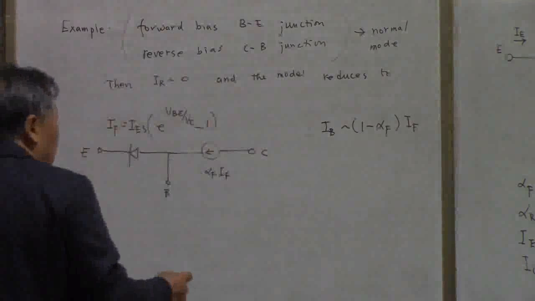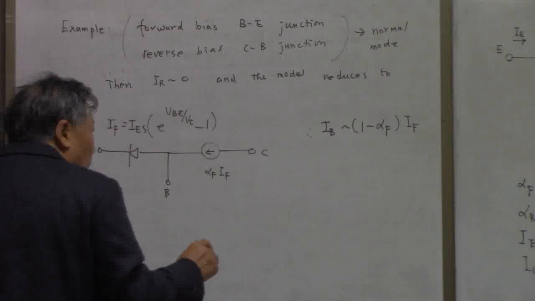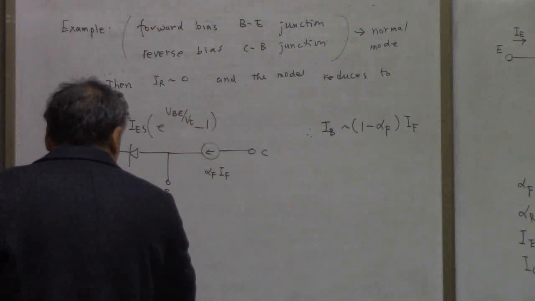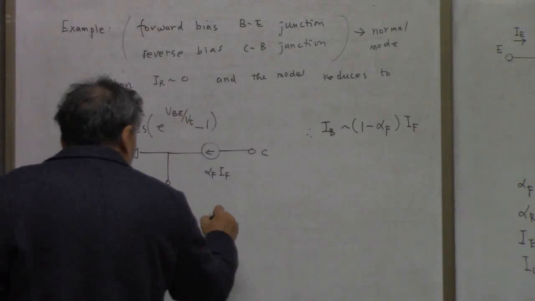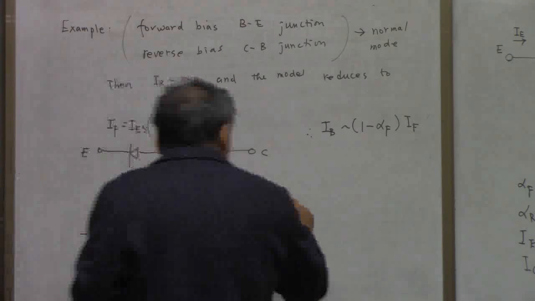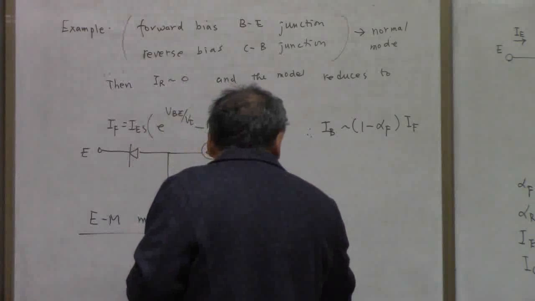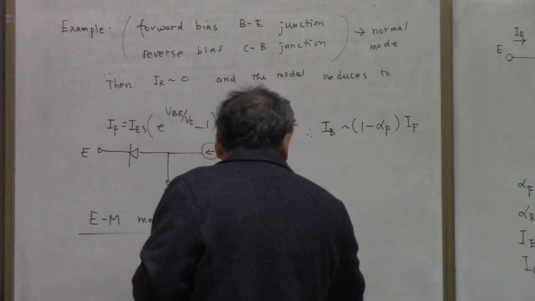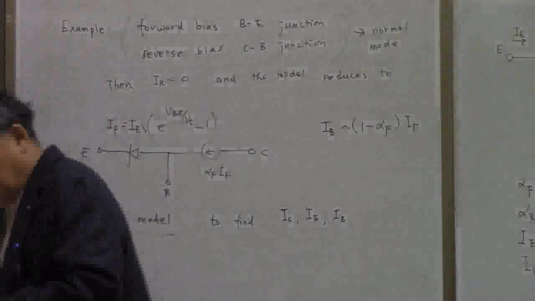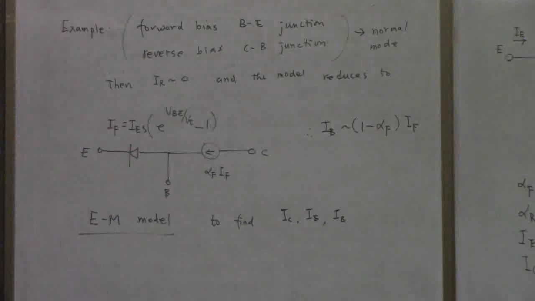So this Ebers-Moll model is good for finding the terminal currents, IC, IE, and IB. Okay, you can use this model to find those values.